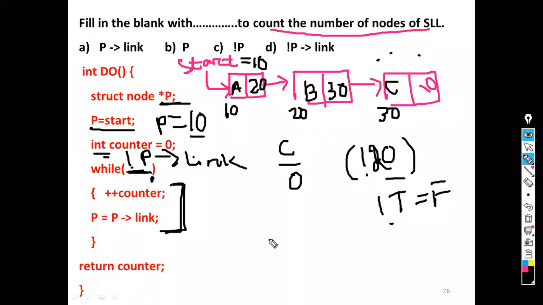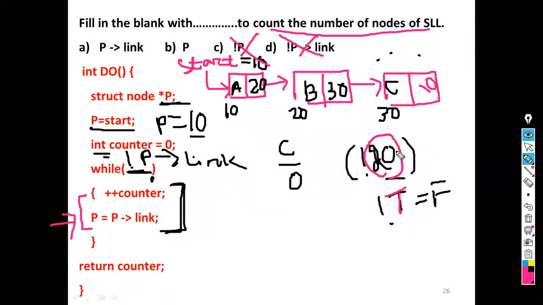So out of these 4 options, you can delete 2 options. Not of P link is not true. All of you clear? To update the counter value, I must enter inside the loop. If I write not of something, it means not of a true value.